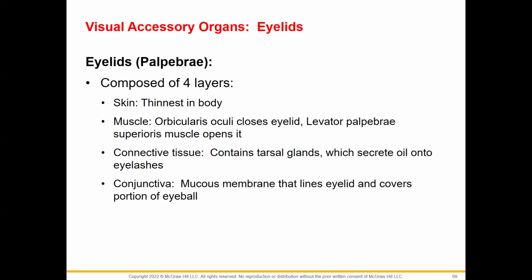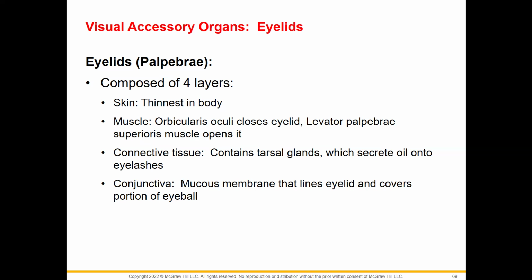You have the muscles associated with the eye. You have the orbicularis oculi, which is the round muscle that surrounds the eye orbit, that is responsible for helping to close the eyelid. You have the levator palpebrae superioris.